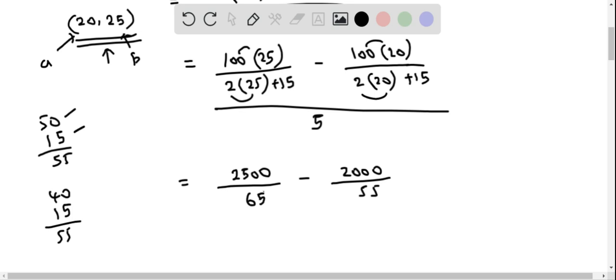I have made this correction, and this is over 5.